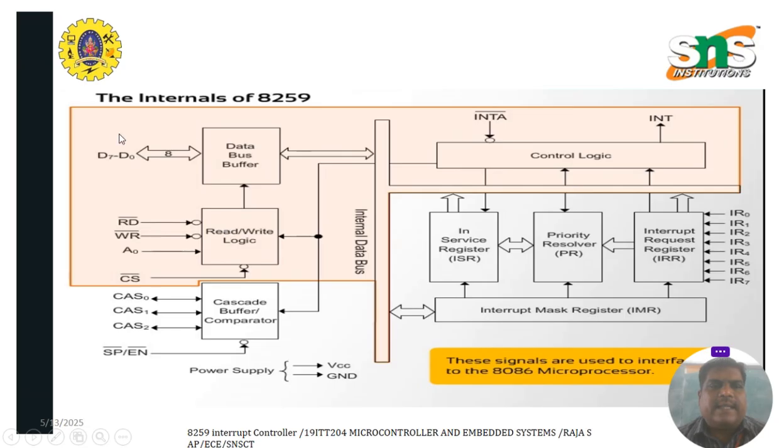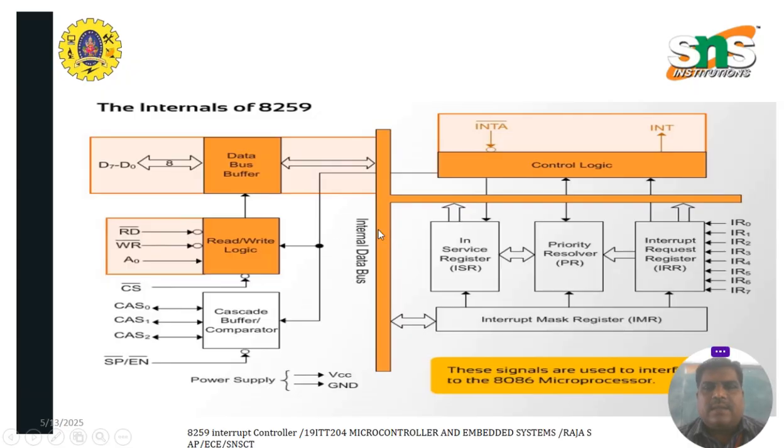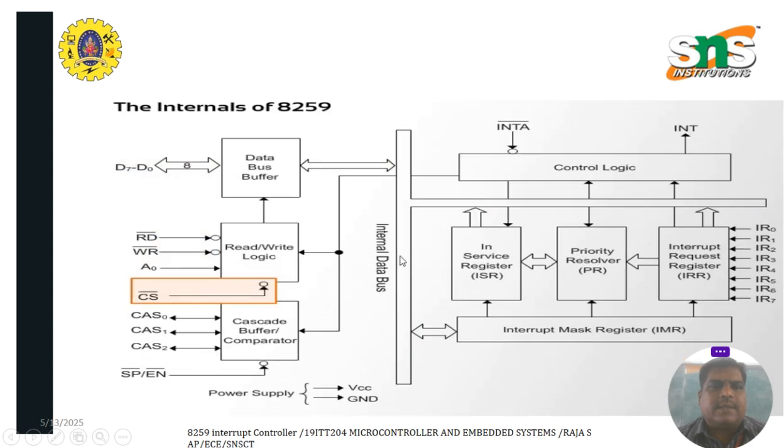Now this block, from the top, these signals are used to interface the 8086 microprocessor with the 8259. That is, by using the data bus buffer, read-write logic block and control logic block, the 8259 is interfaced with the 8086 microprocessor. I already told you these blocks are used to interface the 8086 microprocessor.